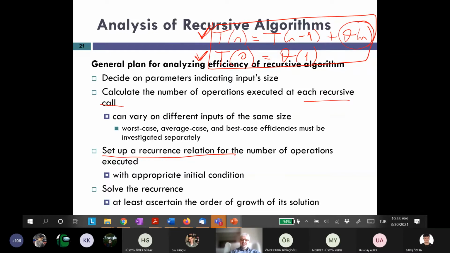It varies for different inputs of the same size. In that case, we have to analyze worst case, average case, and best case runtime efficiencies.